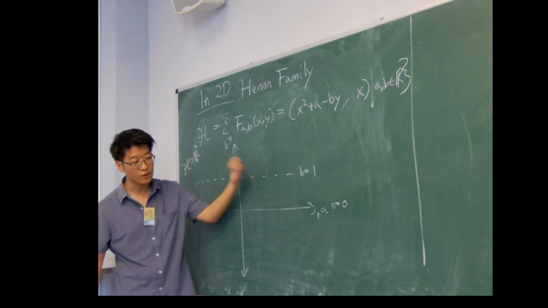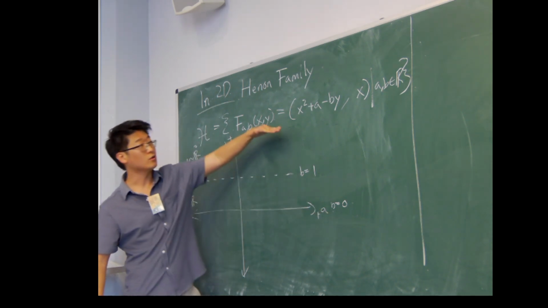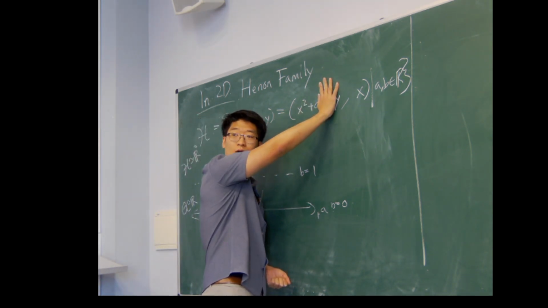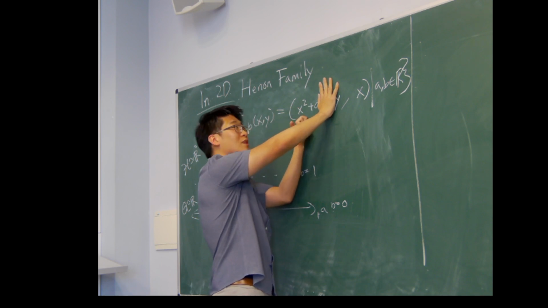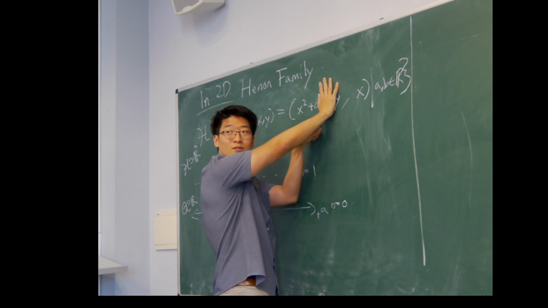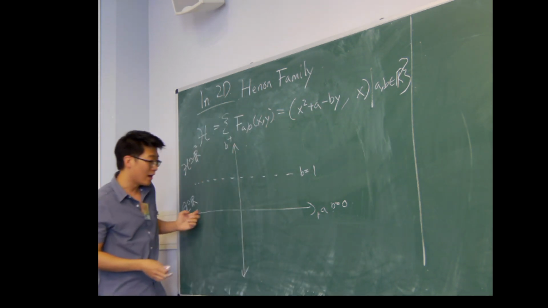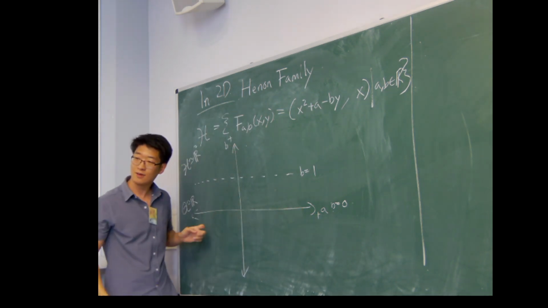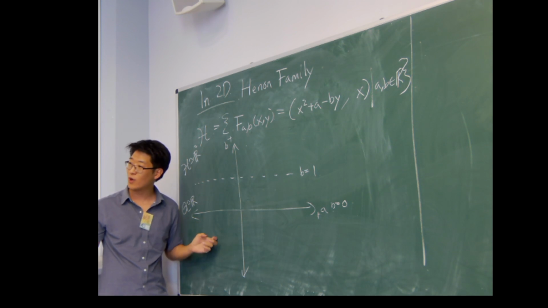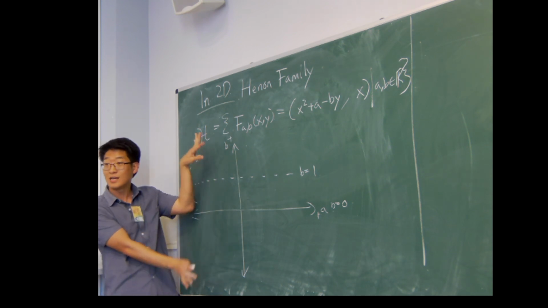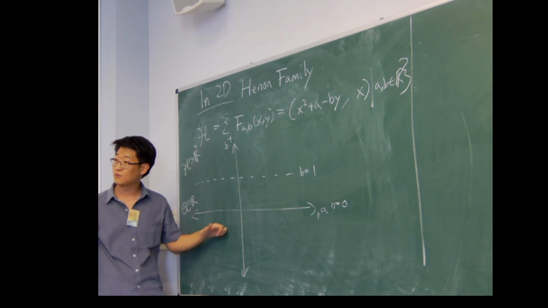Because if you let b equal to 0 and you look at this map, you just have this. And when you iterate this, it's the same thing as just iterating the first coordinate, and you can ignore what happens to the second coordinate. So on this line, we have a family of maps that we're used to from 1D, and you can think of the Renorm family as a two-dimensional extension of this one-dimensional family.